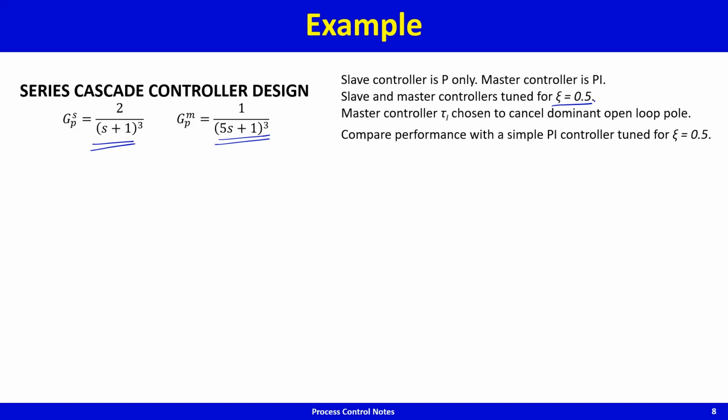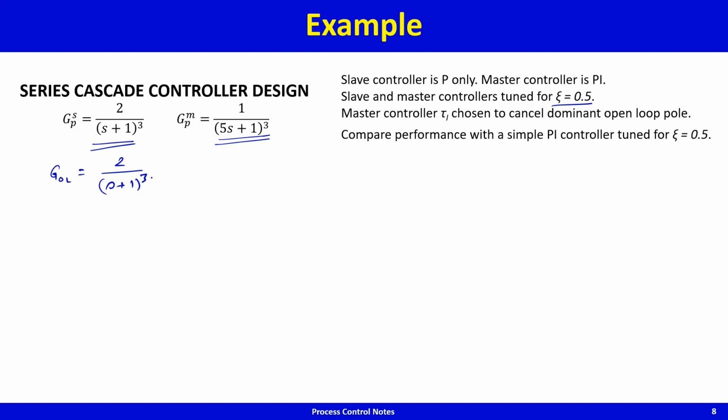So let's design the cascade controller. For the cascade controller, we'll have to design the slave loop first. So the slave loop is a P controller, so the G open loop is going to be, without the Kc, 1 over (s plus 1) whole cube, and the characteristic equation is 1 plus Kc times G open loop equal to 0.